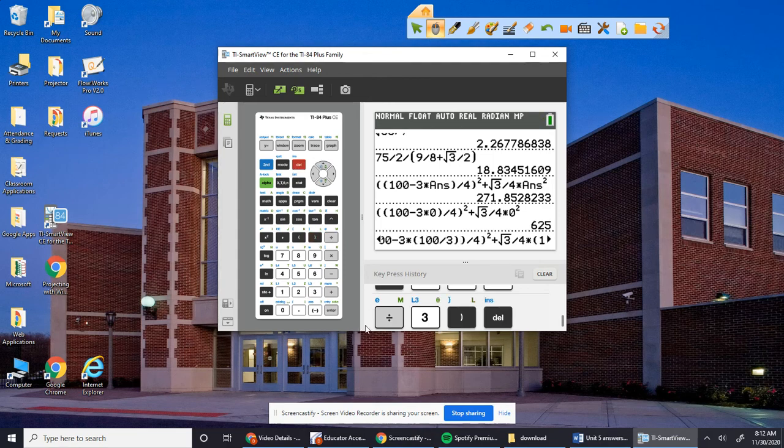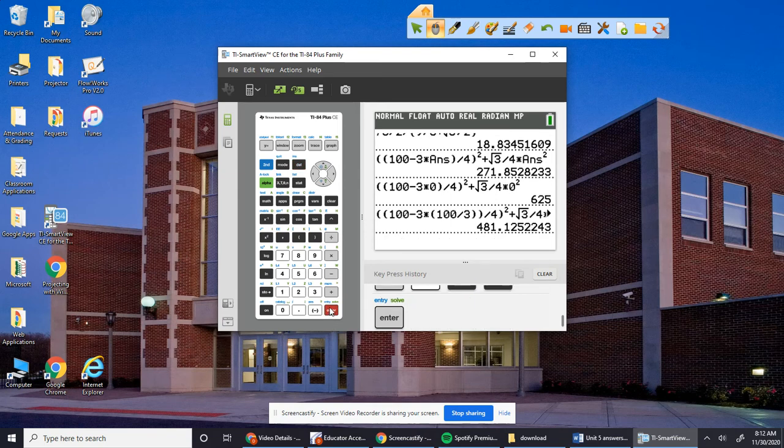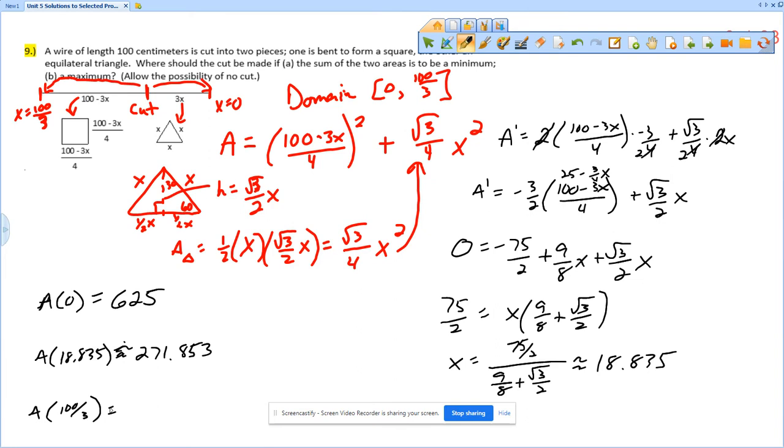Now I have that calculation, and here I get 481.125. And so it looks like the 271.853 is going to represent the minimum, and the 625 is going to represent the max.